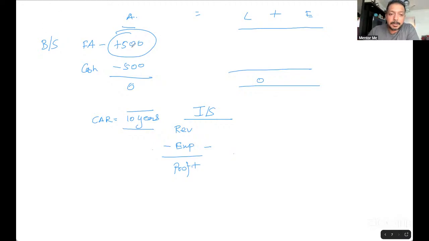So this 500 now, the car purchase that we did, let's say this was a Swift, needs to be spread across, let's say, 10 years. So when we are taking depreciation as an expense, we are basically spreading the cost. Whenever we are depreciating, we are saying spread the cost of the asset.